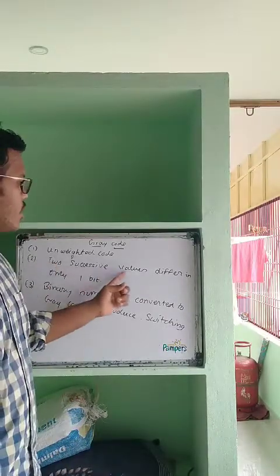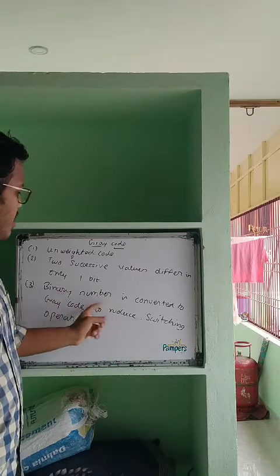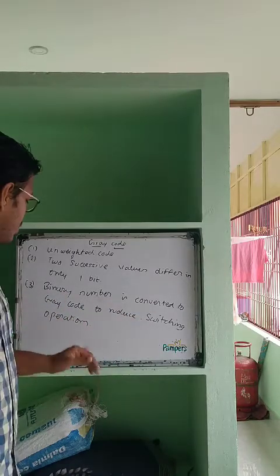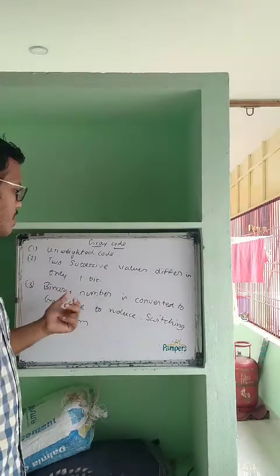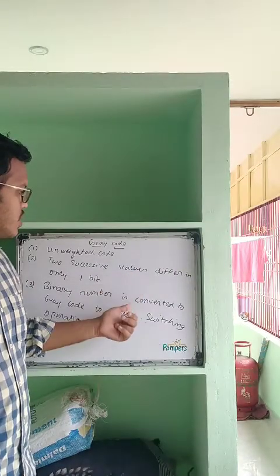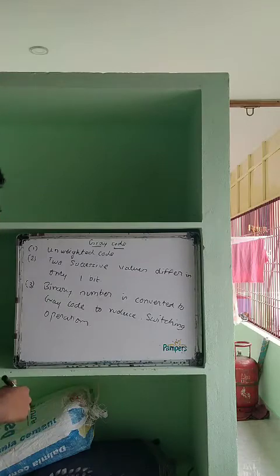The two successive values differ in only one bit, and the binary number is converted to the gray code to reduce the switching operations. So okay, I will explain these two points in tabular form.